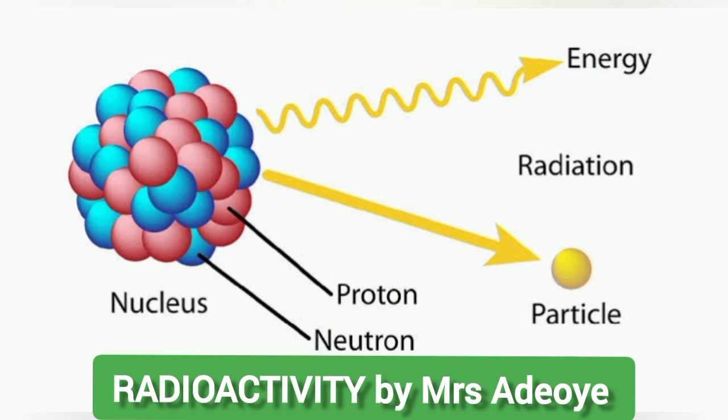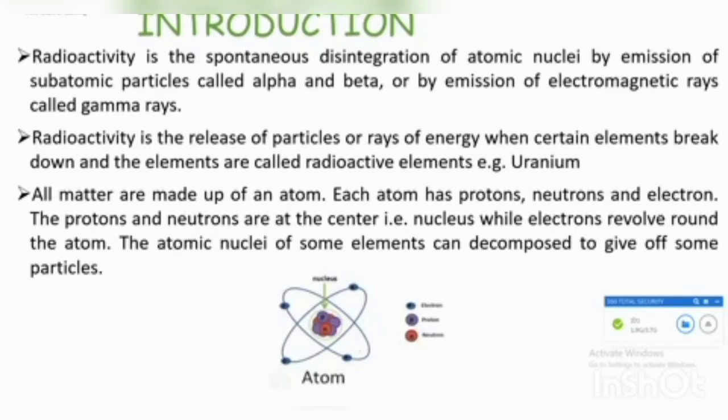Radioactivity is the release of particles or rays of energy when certain elements break down, and the elements are called radioactive elements. Examples of radioactive elements are uranium, radium, thorium, curium, californium, rutherfordium, and americium, etc.